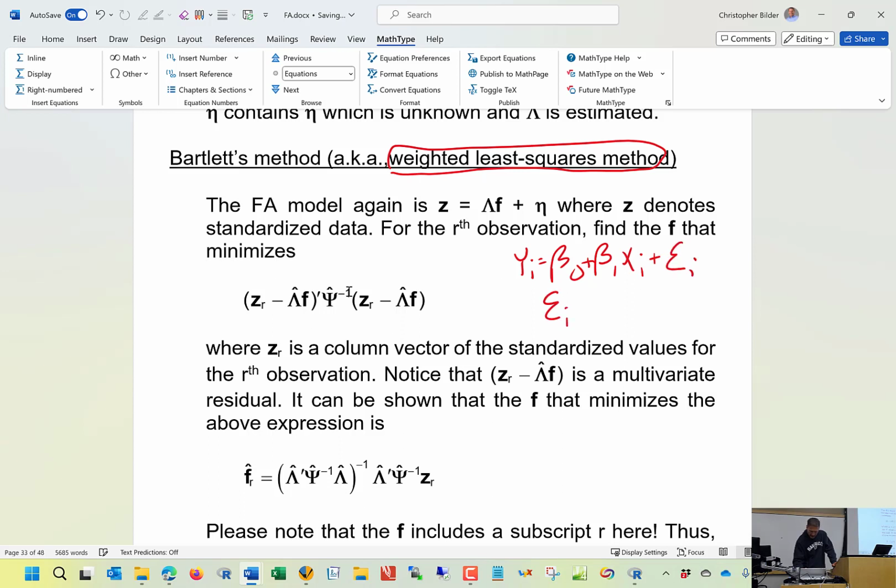So this is a typical model representation of a regression model where I have just one explanatory variable x. I put an i there to emphasize this is for the ith observation value. Y is the response. The key is that these epsilons are our error terms.